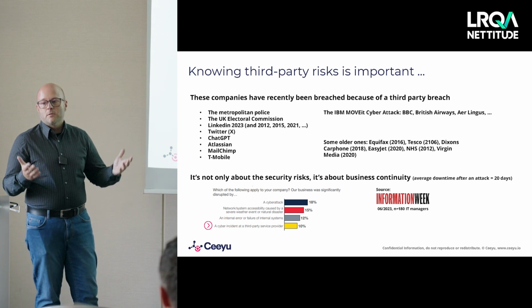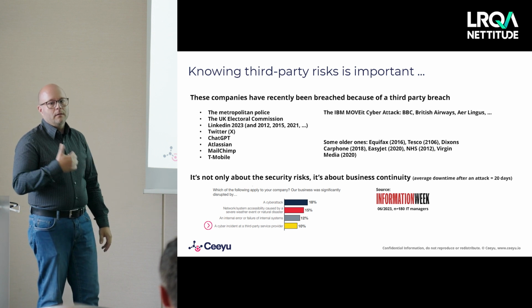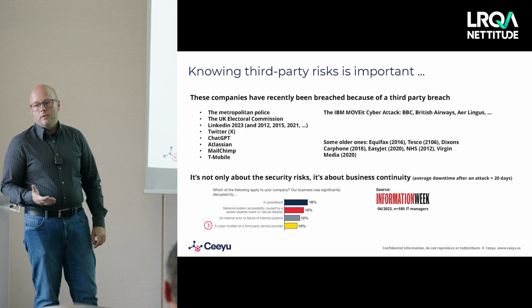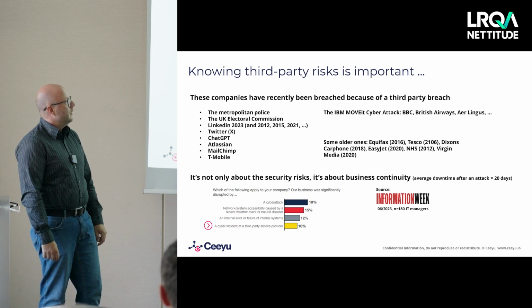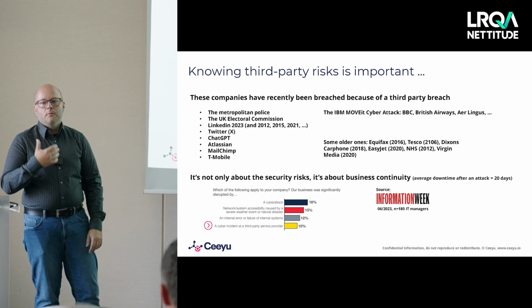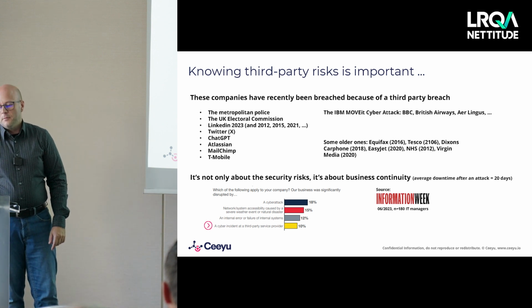Obviously, lots of customers are using that. They got hacked, unfortunately, and that impacted their customers using that. So that's a typical example of a third-party breach or risk within third party. I have a couple of interesting names: BBC, British Airways, etc. They have all been impacted recently by this third-party hack.